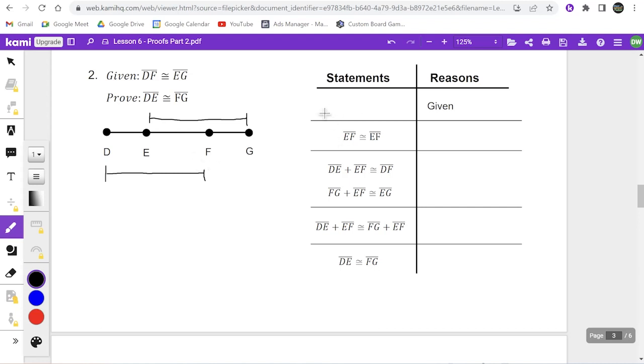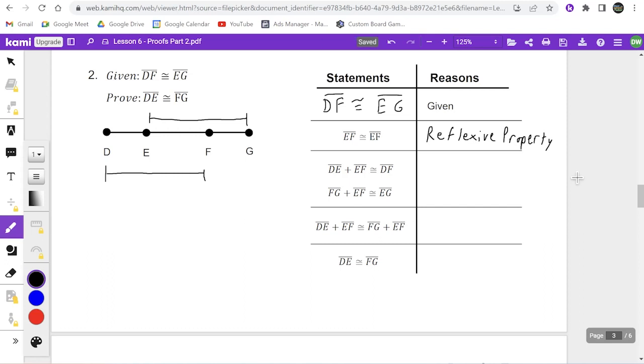Okay. So first the given, pretty straightforward. DF is congruent to EG. Just copy the given statement, as always. Next, I say EF is congruent to EF. Which reason is that? Reflexive property, right? Exactly, it's the reflexive property. And the reason why we would do that is because, honestly, it might be optional, but I see it all the time, so I would say reflexive property.